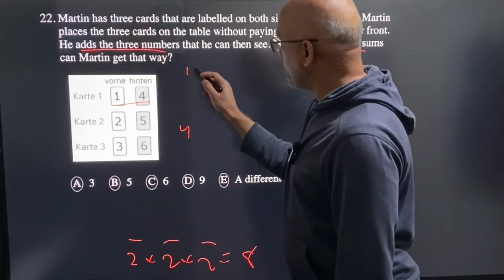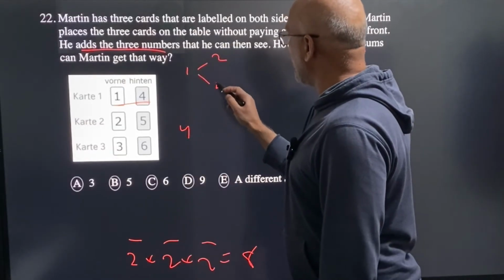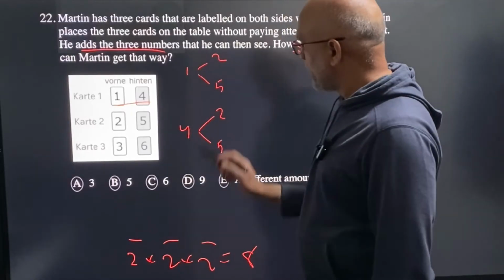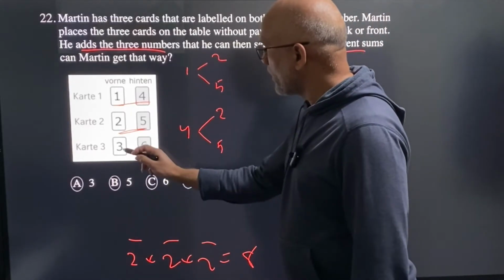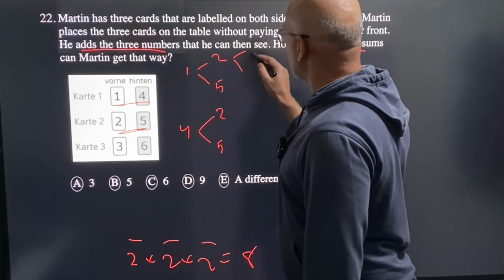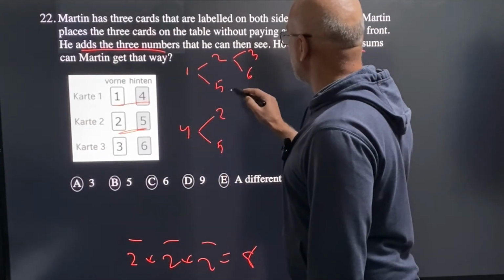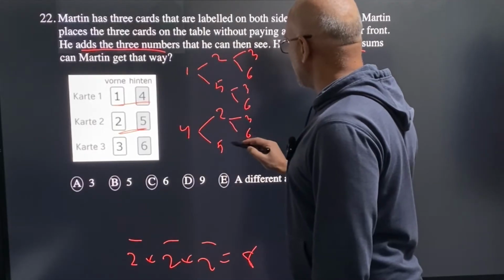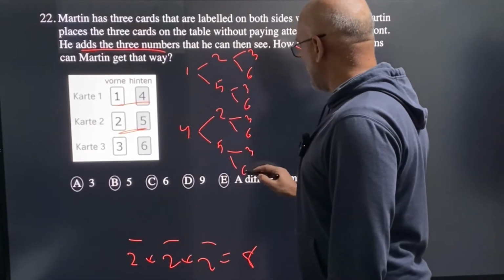The second card can be either a 2 or a 5. Here it can also be a 2 or a 5, and for each of those, it can be 3 or 6.